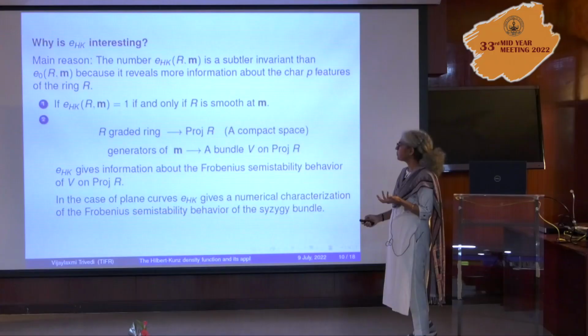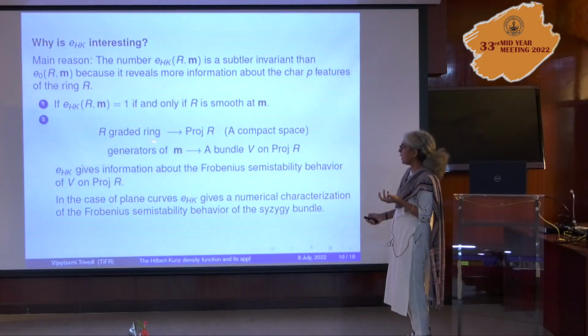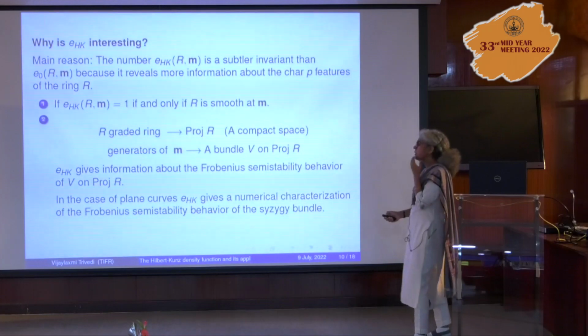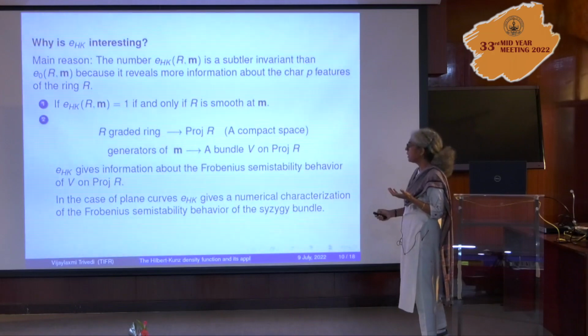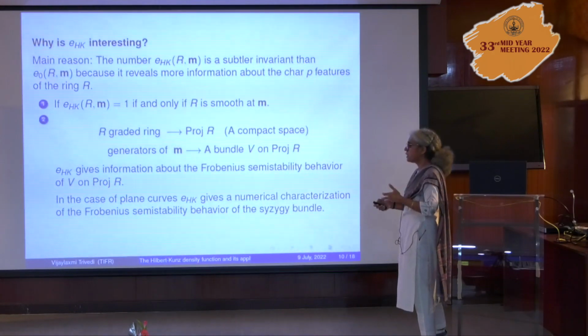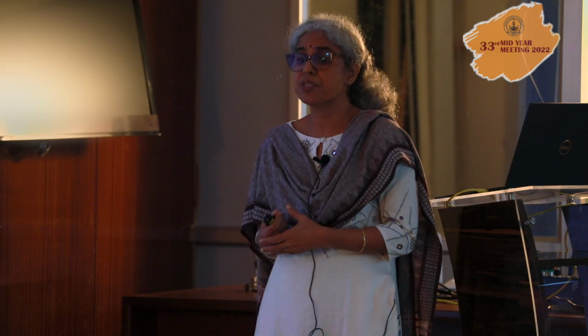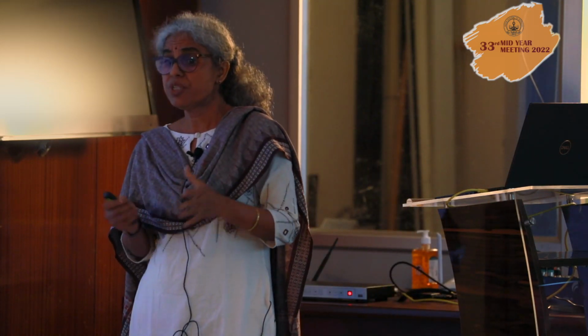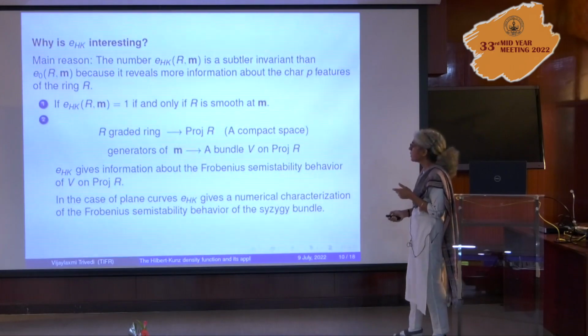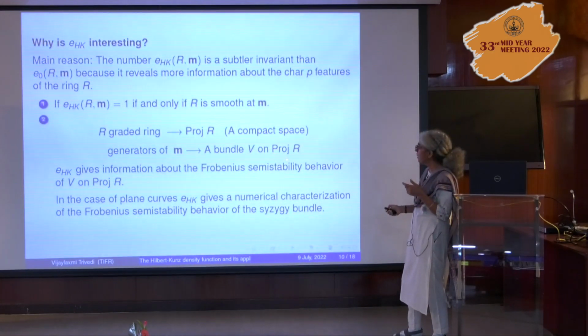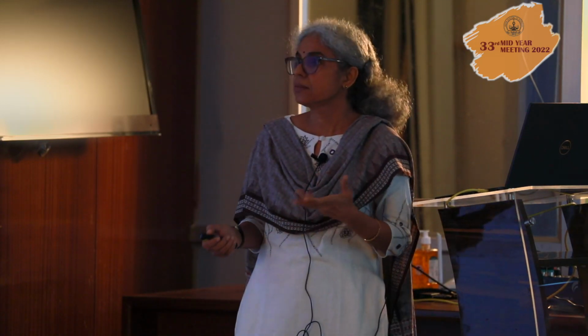Okay, then in the situation where R is a graded ring, which is a common thing that geometers deal with, you would have Proj R. Proj R is like Spec R, another topological space or geometrical space you can say, which is compact. Once you are compact, it has many other numerical invariants which show up non-trivially, so it gives a lot of information about Proj R. Now generators of m will give me a bundle V on Proj R, which locally is a direct sum of copies of the same thing.